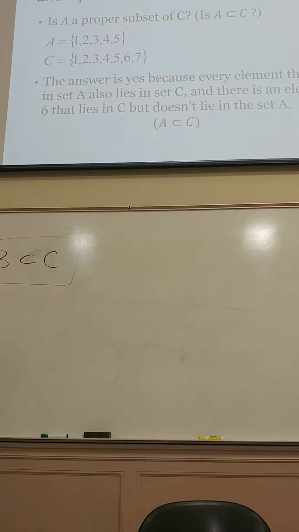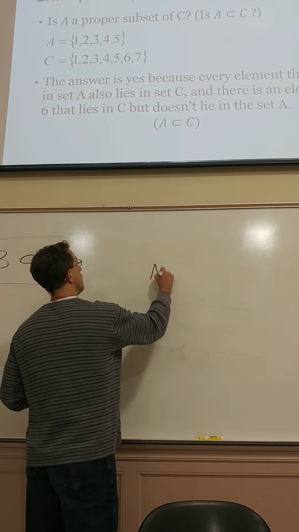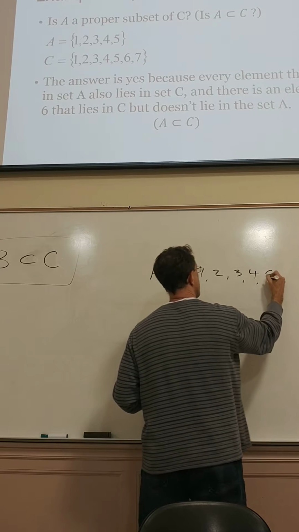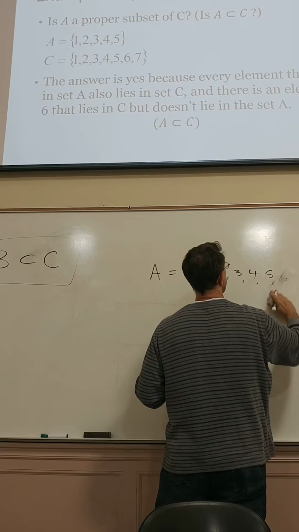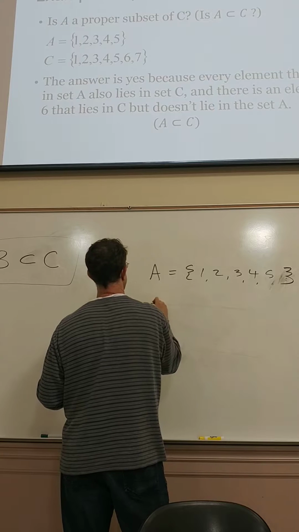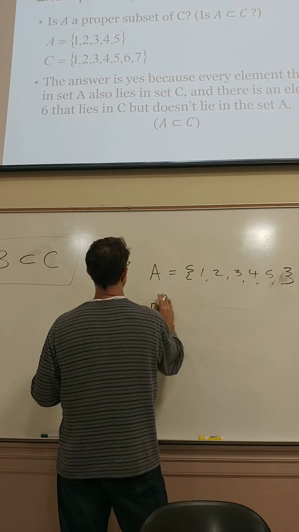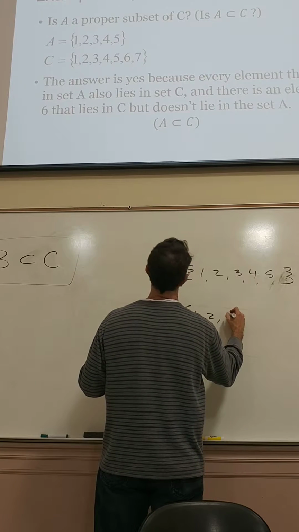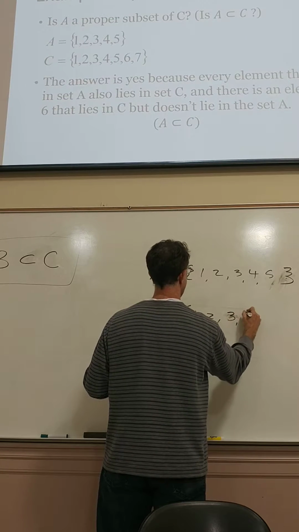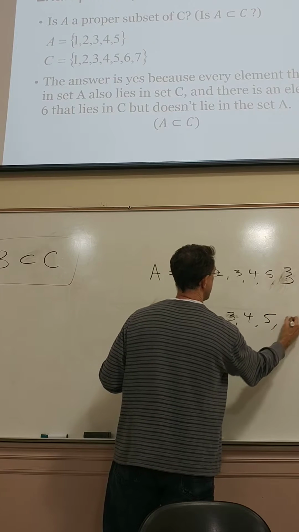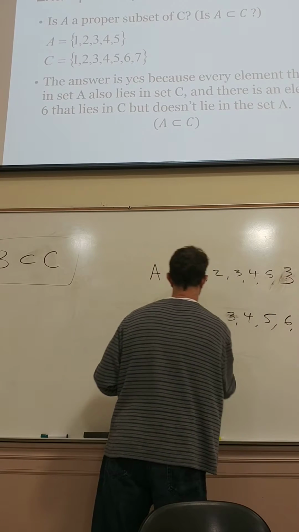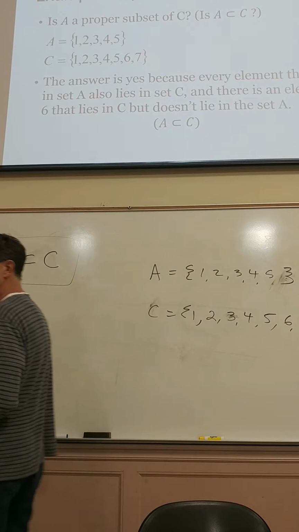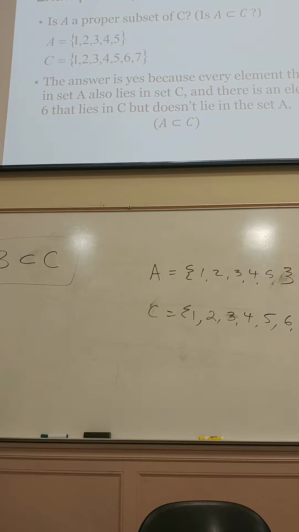Going back to those exact same sets, where A is 2, 3, 4, 5, and C is 1, 2, 3, 4, 5, 6, 7, we have really two stipulations here.